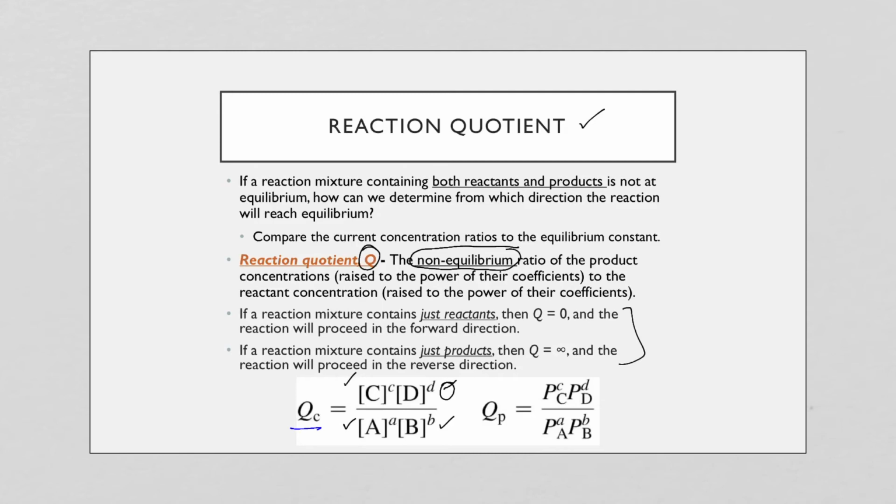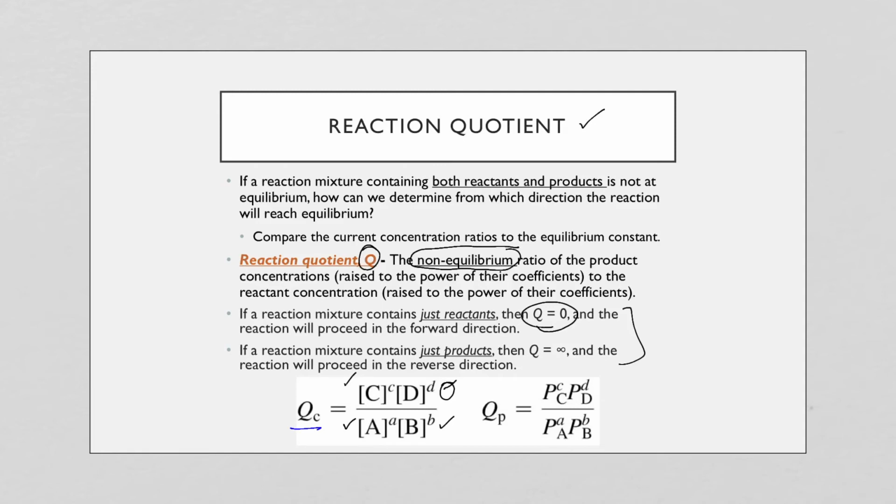And so we have 0 on top, whatever the value from our reactants on the bottom, and of course Q then will be equal to 0. And the reaction will proceed toward products because K, the equilibrium constant, won't be 0.